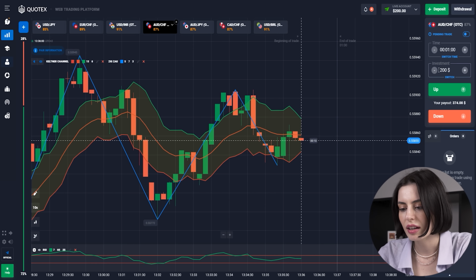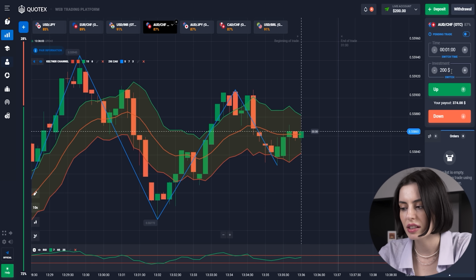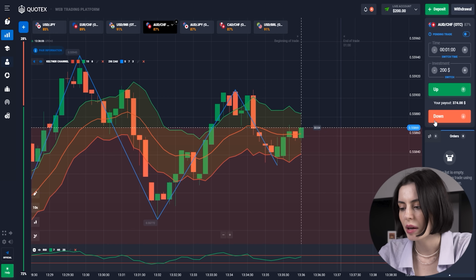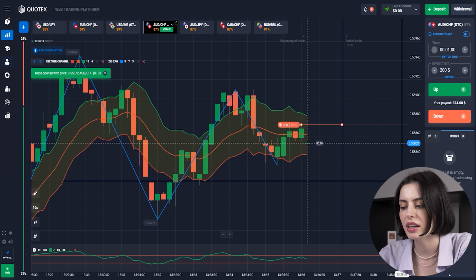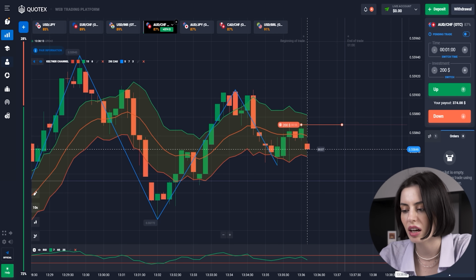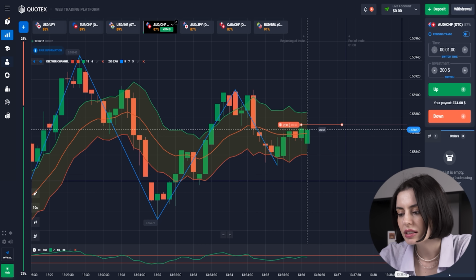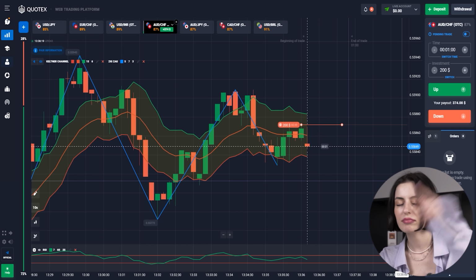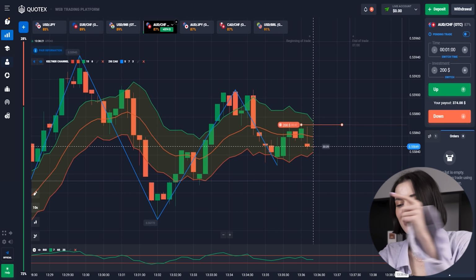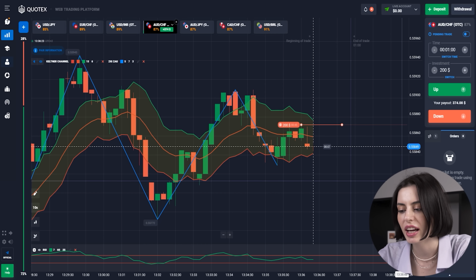So look at that. Zigzag is definitely giving us the info about the biggest tendencies. And I think that by the 1 minute, by the time we end this bet, it's going to be the second side, the opposite side of that hill, and we're going to get downward.